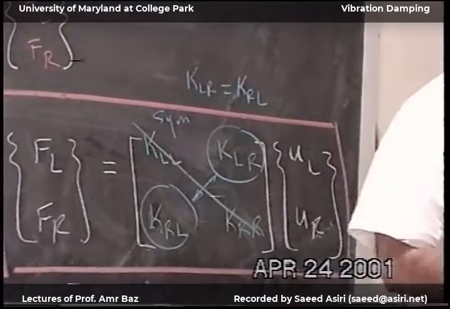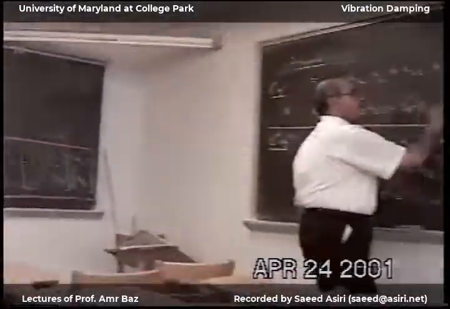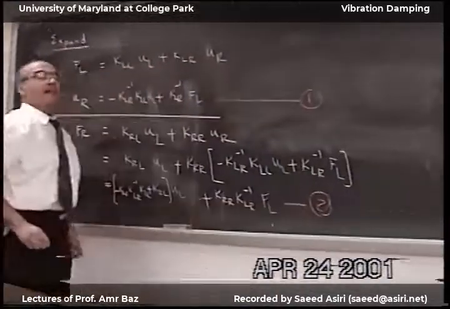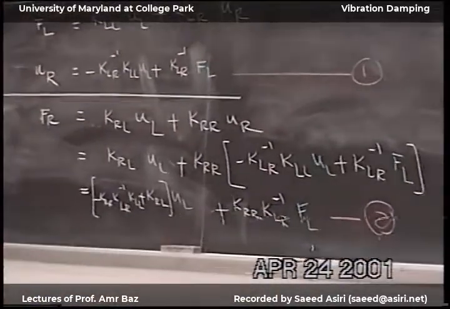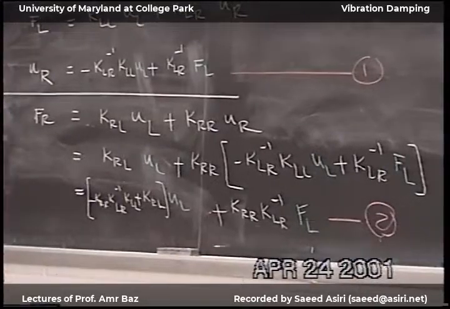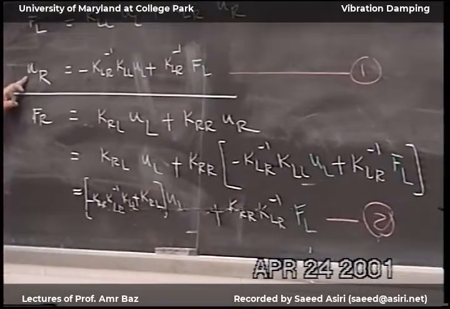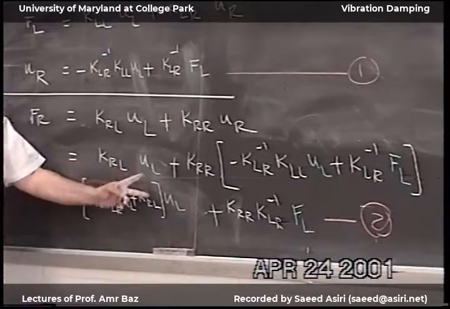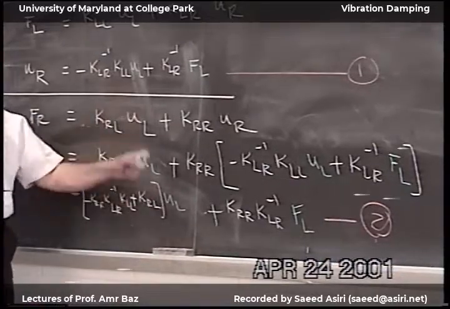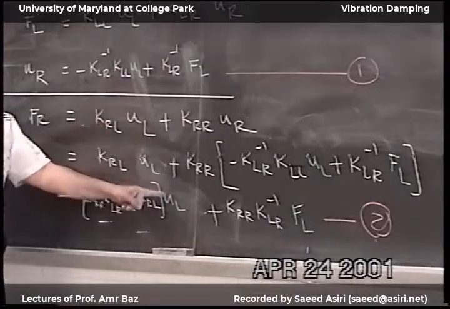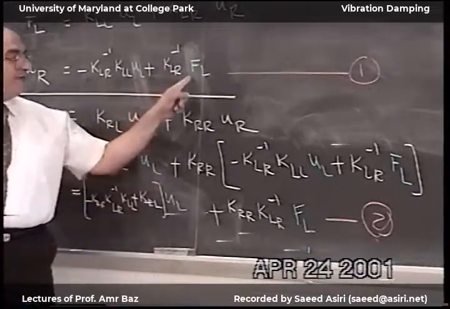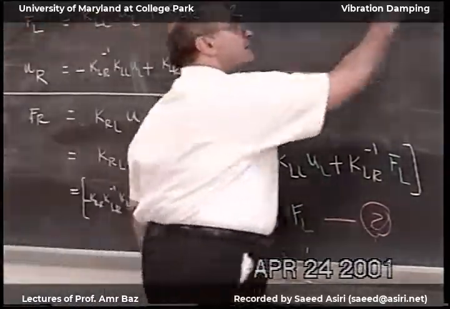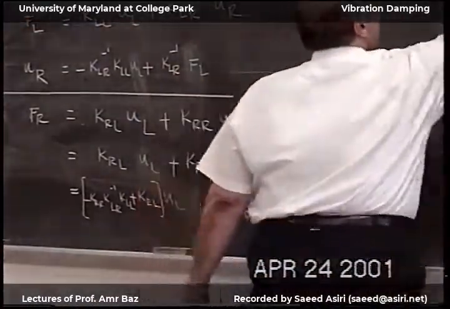Okay. Now, if you look at this equation and this equation, if I put them in a matrix form, I have deflection on the right, the force on the right, and then I put these two equations in a matrix form. So I have U on the left, F on the left. So now this can be written in a matrix form like this.